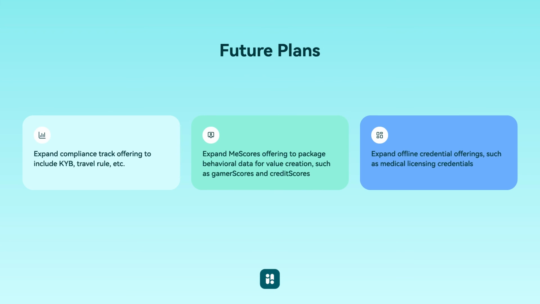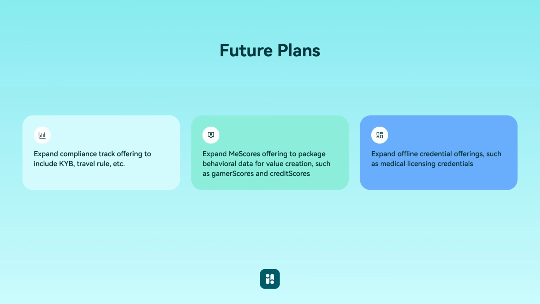being a reusable solution. We'll be expanding our Me Scores offering, so we're going to be not collecting, but we're going to be able to repackage the data that you obviously need to authorize us to use for the things that you want to use it for. So for example, if you want to take part in a gaming promotion, maybe you can prove that you are a gamer by proving that you have played an X number of hours of games.